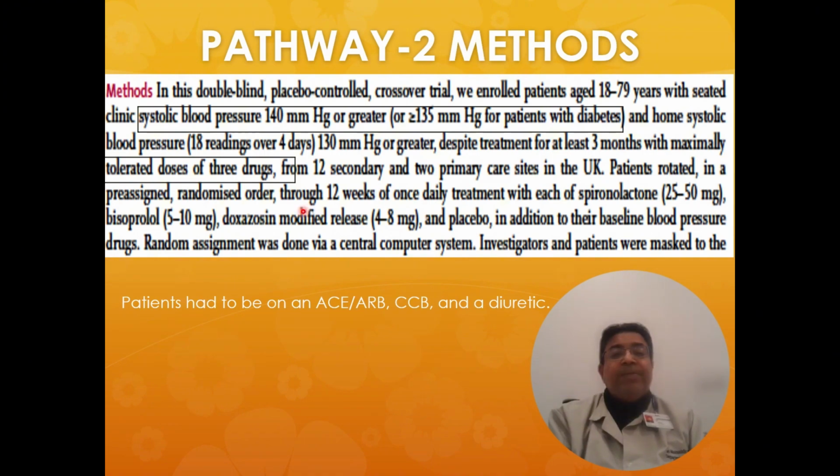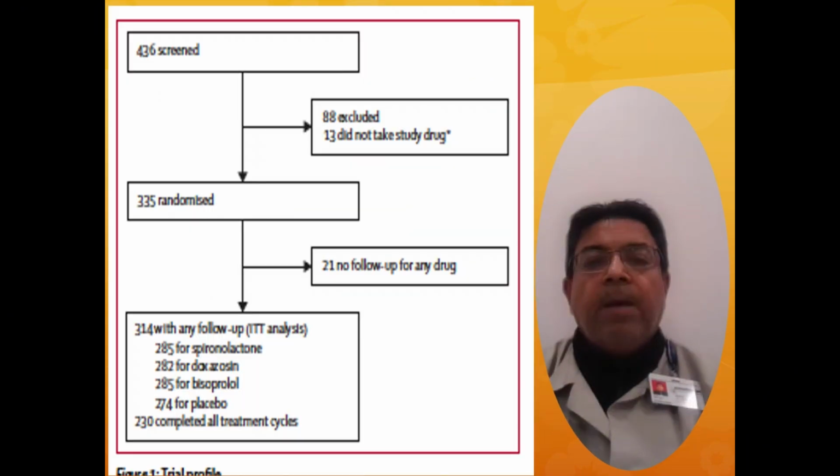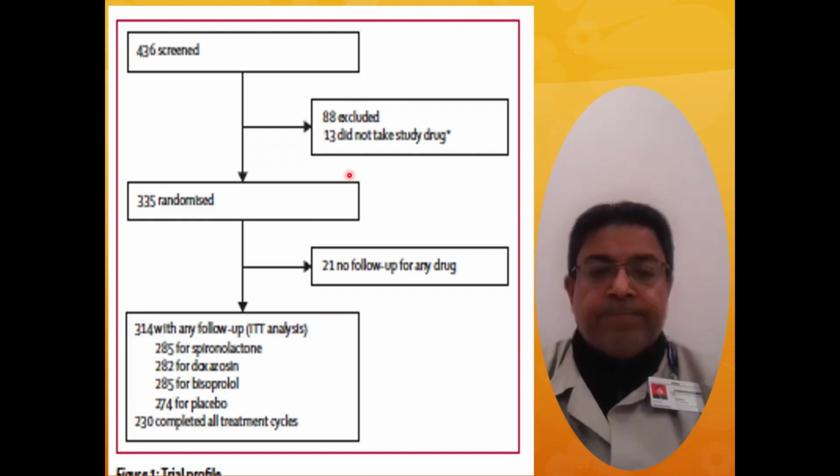Patients rotated in a pre-assigned randomized order through 12 weeks of once daily treatment with spironolactone, bisoprolol, doxazosin, and placebo, in addition to their baseline blood pressure drugs. 436 patients were screened, and 230 completed all treatment cycles, but 314 with any follow-up were included in the analysis.